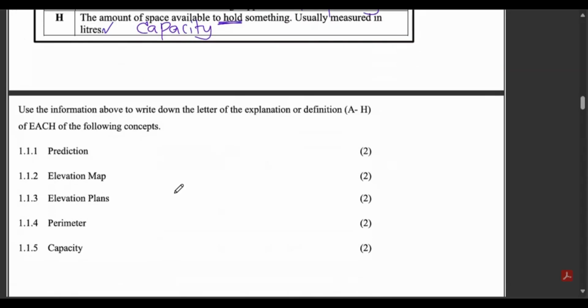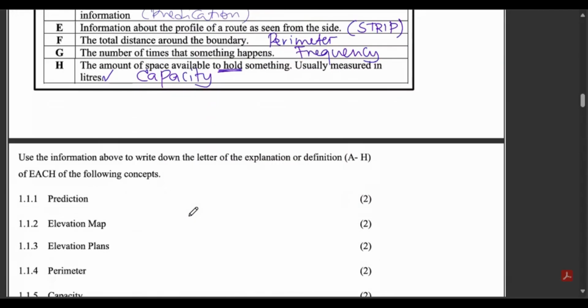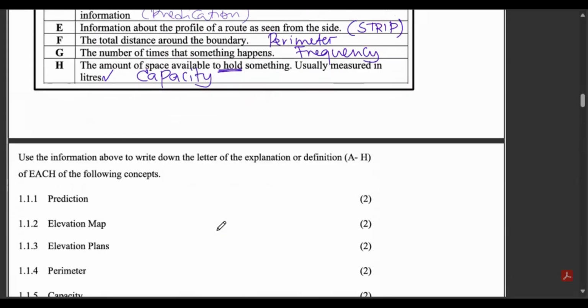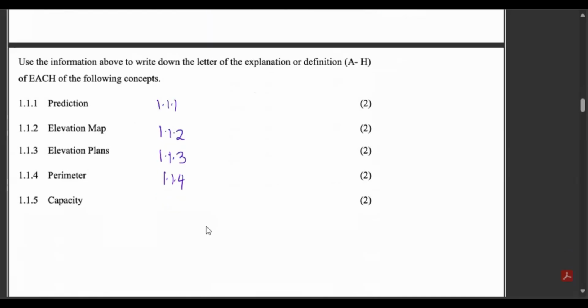Oh, wow. Having gone through everything, you now substitute. Please write the question and the letter. So in this case it will be 1.1.1, 1.1.2, 1.1.3, 1.1.4, then we have 1.1.5.